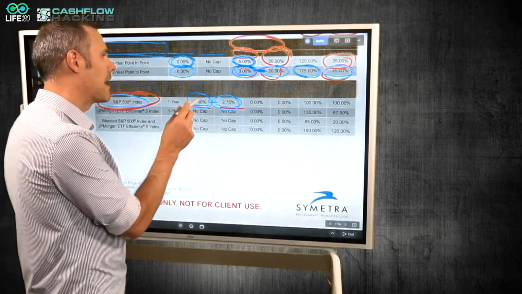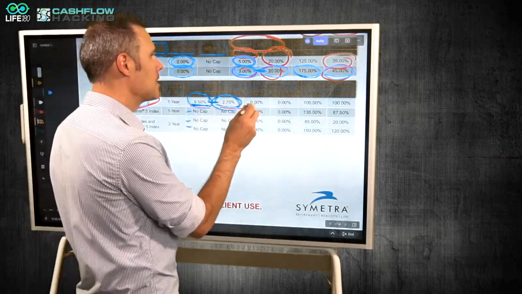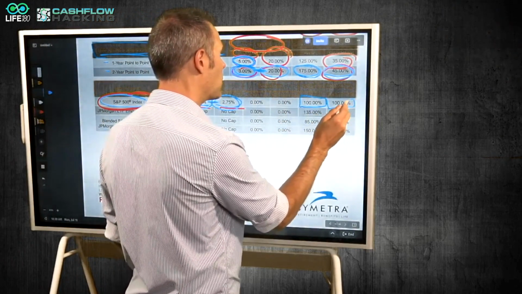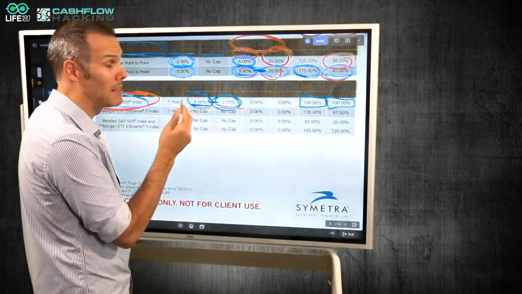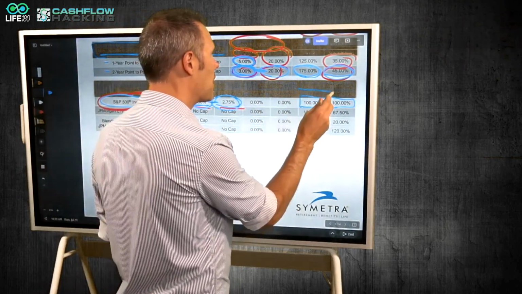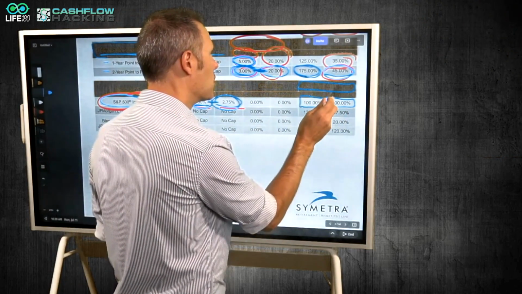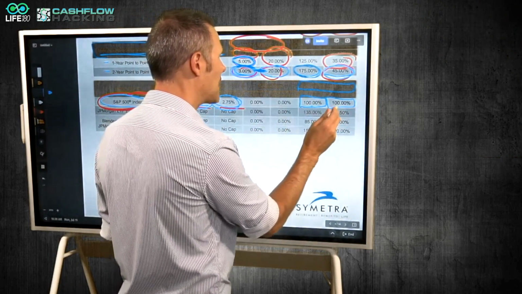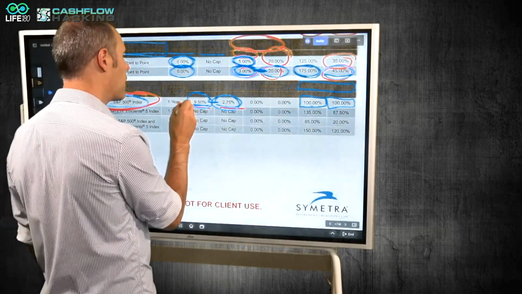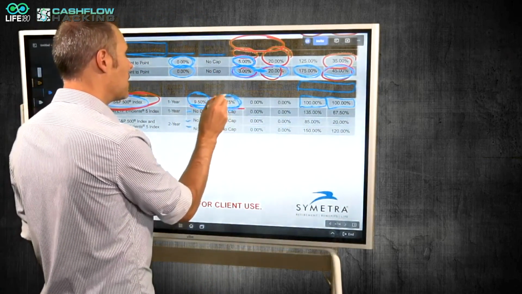That is the guaranteed component of it. And now they have a guaranteed participation rate of 100%. So this is a lot more straightforward, quite frankly, because the participation rate here cannot be reduced. It is at 100 right now. It is guaranteed to be 100. That is what it is. So the only real moving part in this one is the cap rate. And so this is the cleanest.